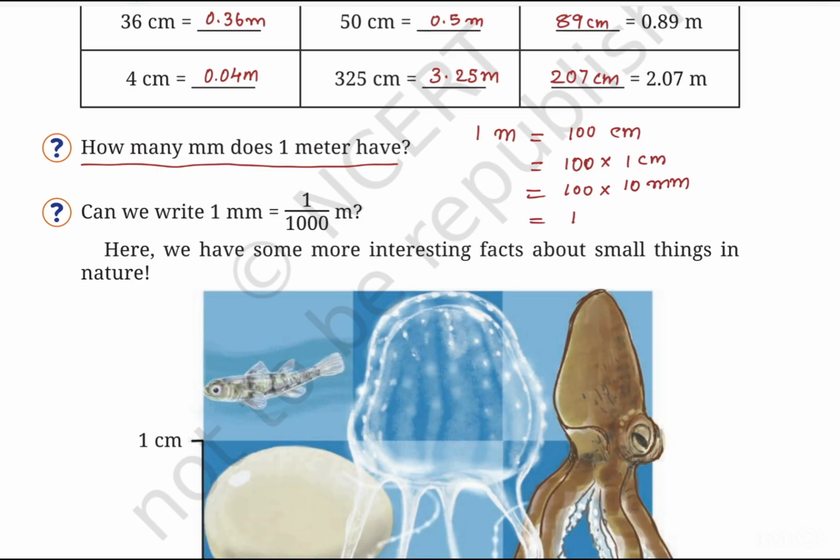So 100 into 10 is 1000 millimeters. So we have 1 meter is equal to 1000 millimeters.